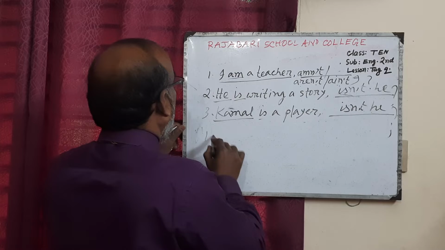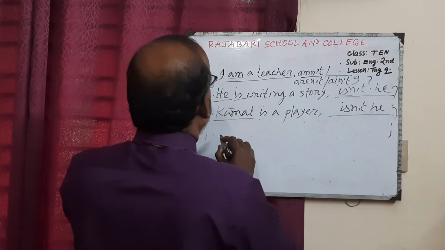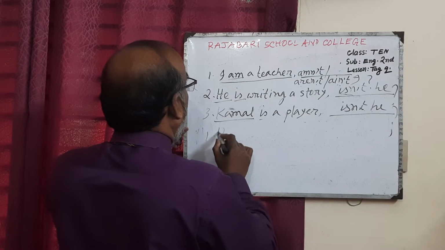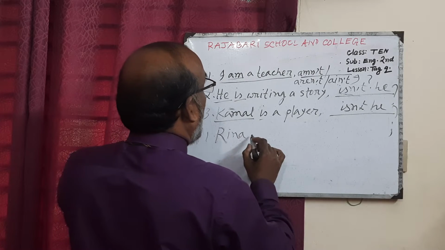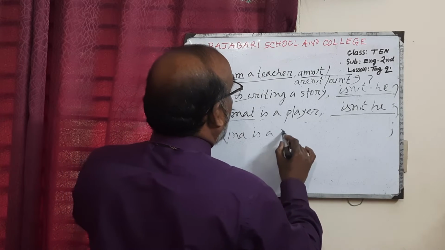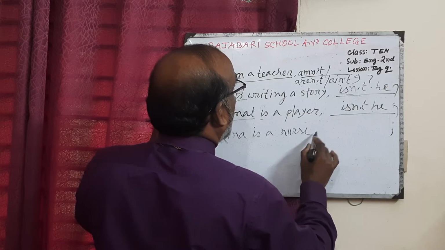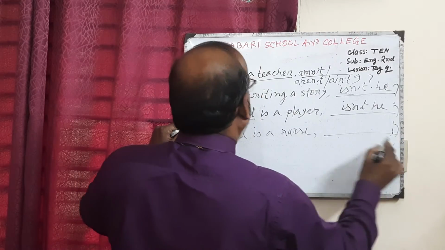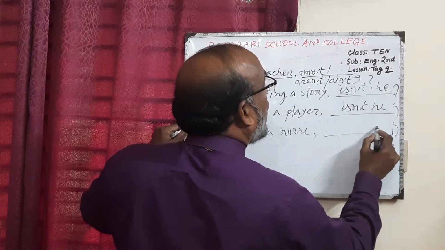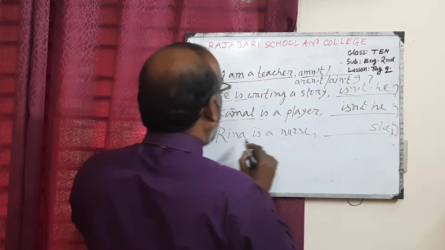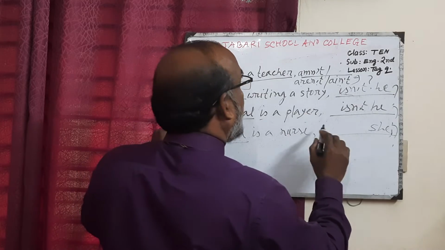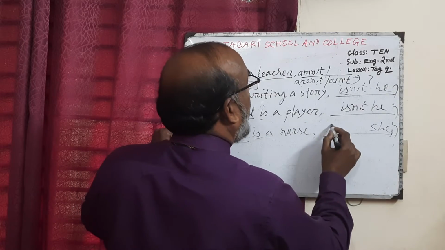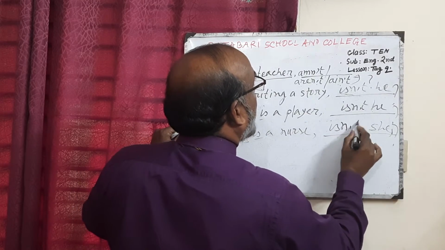And if you see a female person, for example, Rina is a nurse. Here, the subject will be she, as Rina is a female person, and the auxiliary verb will be isn't.